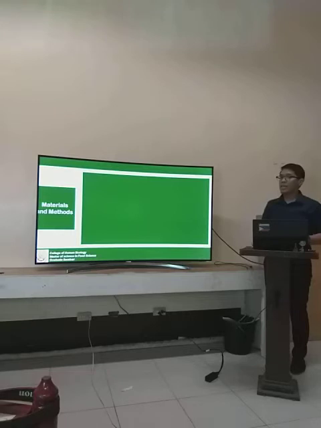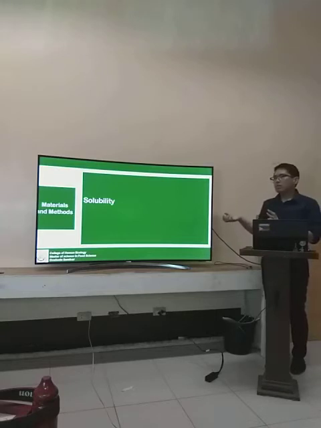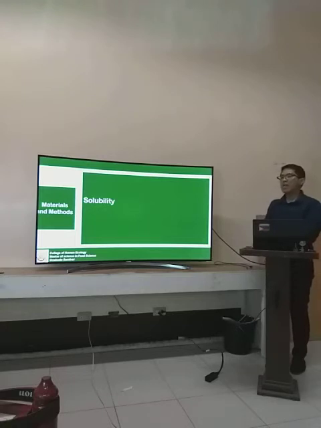Then solubility. The solubility was measured using the method of Daza et al. Take note, these are the dependent variables.